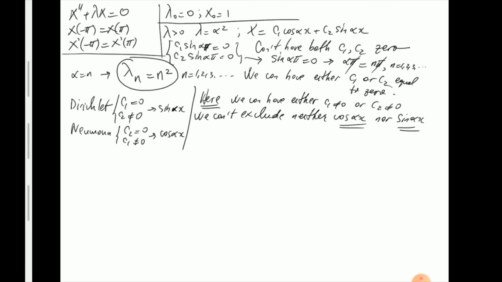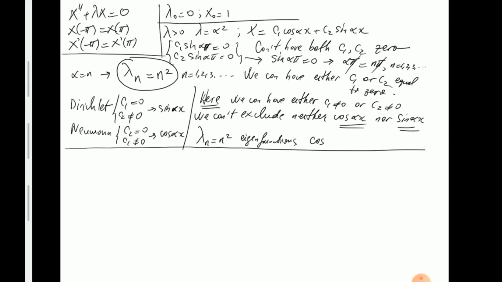Now, what does that mean? Well, it simply means that you have two distinct eigenfunctions for each eigenvalue. So when you have the eigenvalue lambda n equals n squared, the eigenfunctions in this case, remember alpha is n, are cosine of nx and sine of nx.